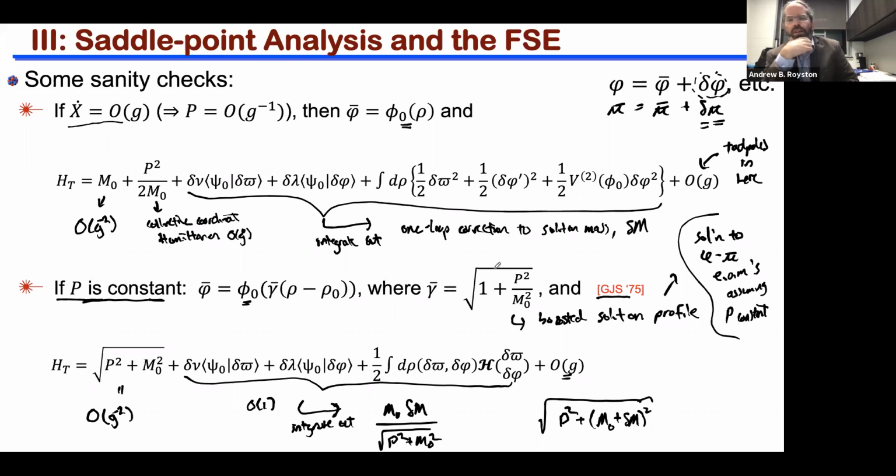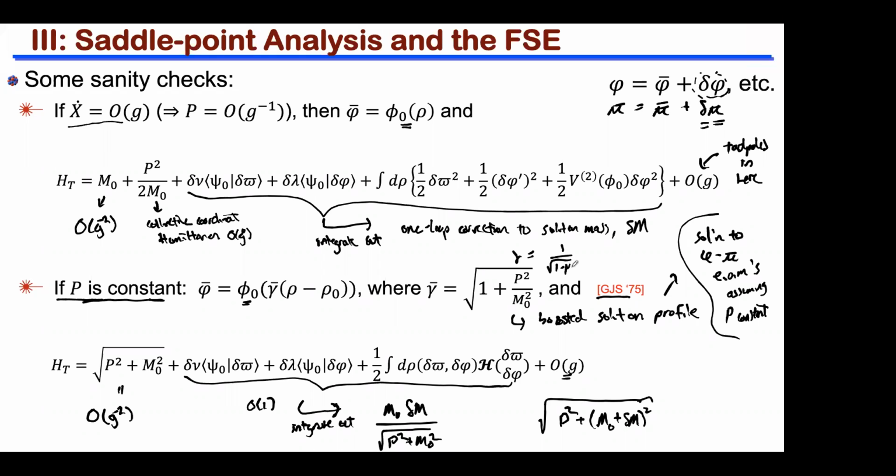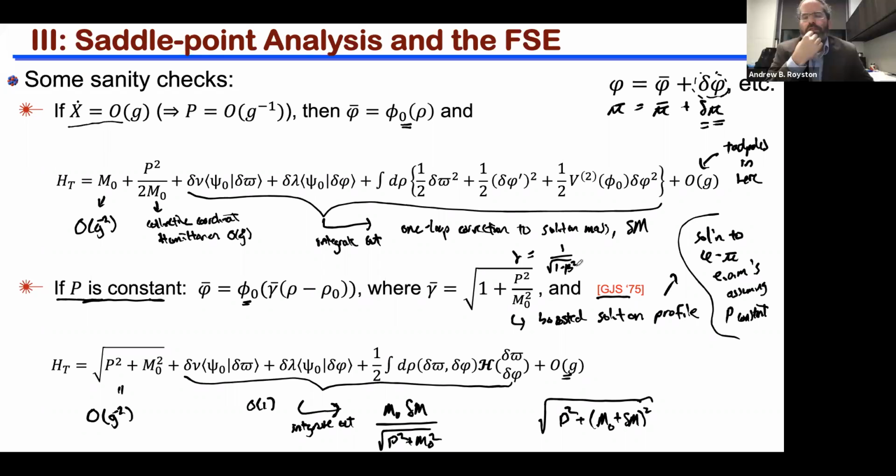No. This gamma is consistent with the usual formula, gamma equals 1 over the square root of 1 minus beta squared. And then the usual formula for the momentum, P equals gamma m beta, so that will just come out.